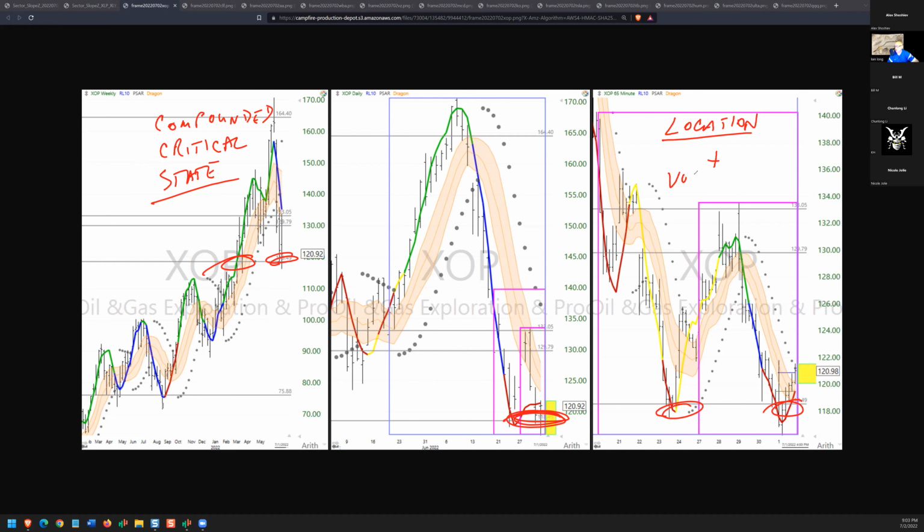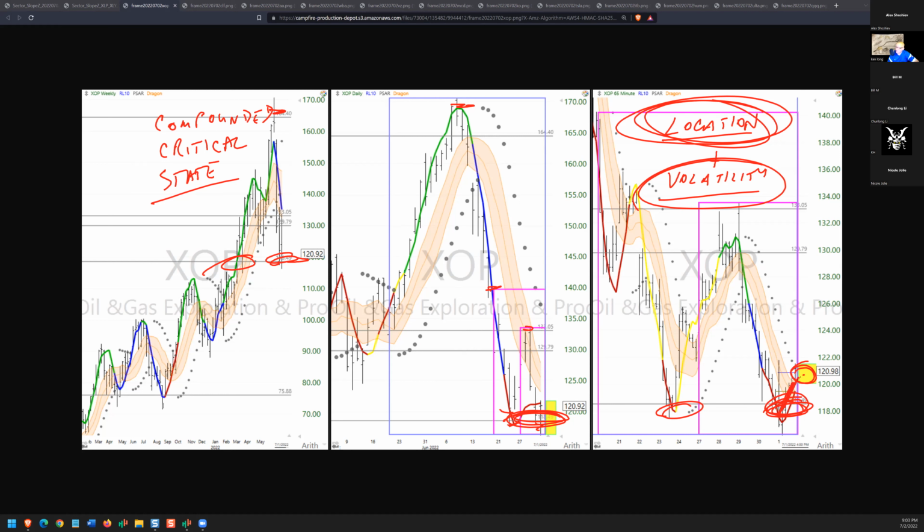And then because of the expanded volatility, you can see how volatile that has become, going from here to here in a matter of 3 weeks, and from here to here in 15 days, and from here to here in 10 days, and from here to here in 5 days. That is expanded volatility. So, emotions are running wild, and there's the rational location that makes this a perfect critical state.